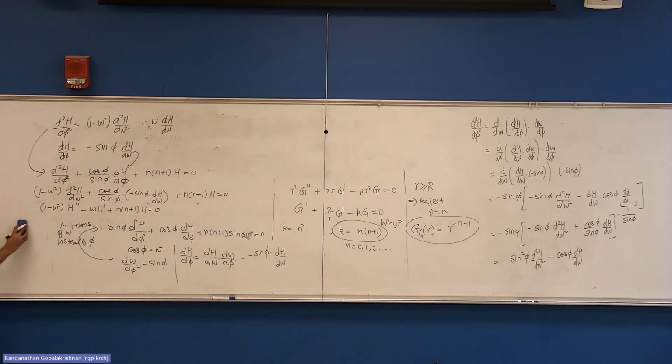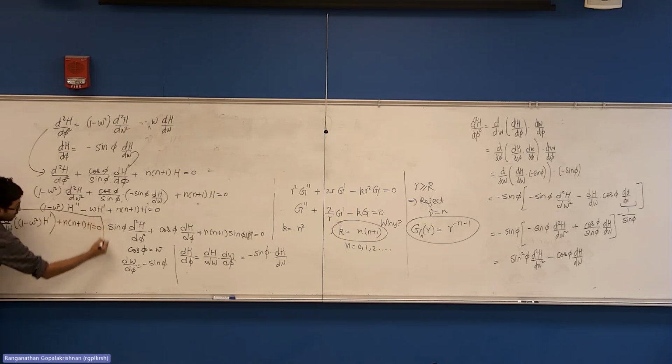So just making sure that this is of the same form that the book writes it. What they have here is d over dw of 1 minus w squared times h prime plus n times n plus 1 times h equal to 0. This is what they have. Let's make sure we also got that.